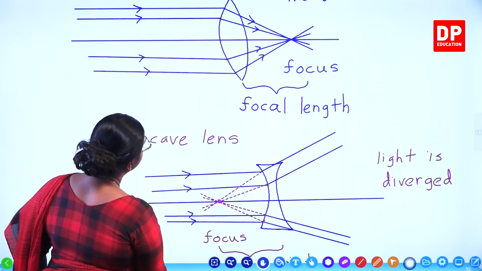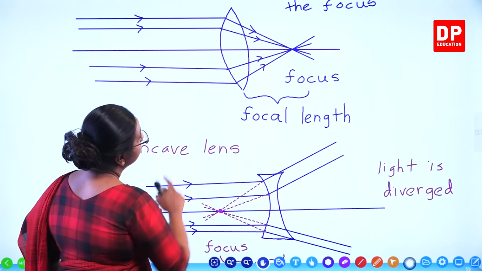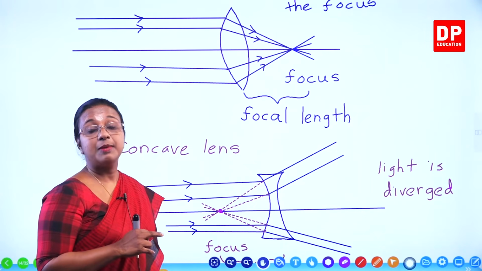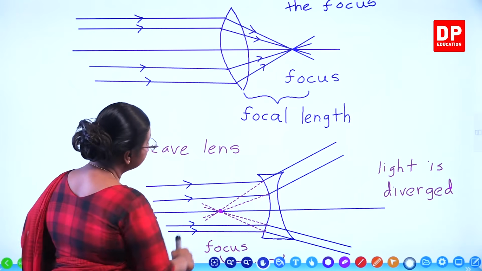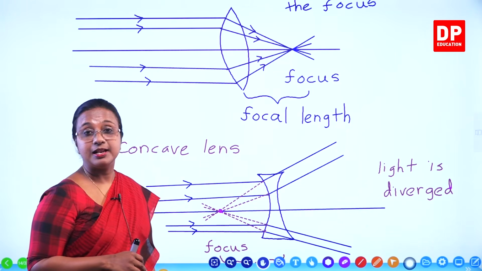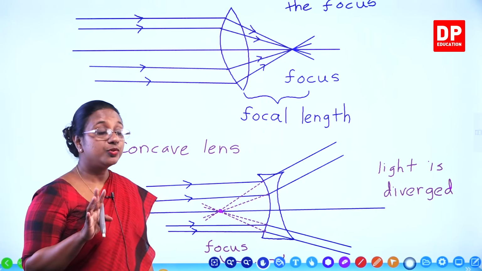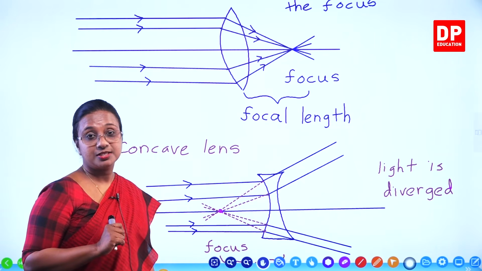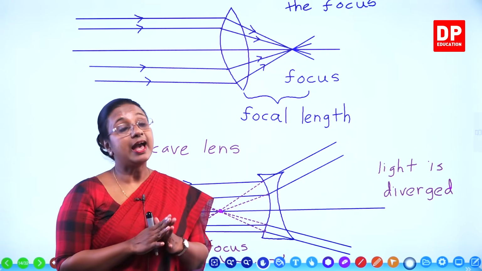You have seen that here. It converges the parallel beam of light, whereas the concave lens diverges the parallel beam of light. So is this clear to you all, students? And that was the activity.